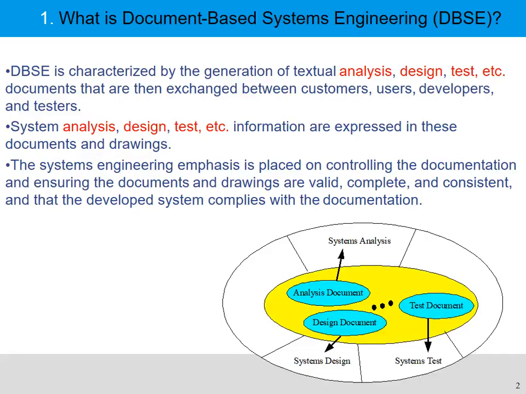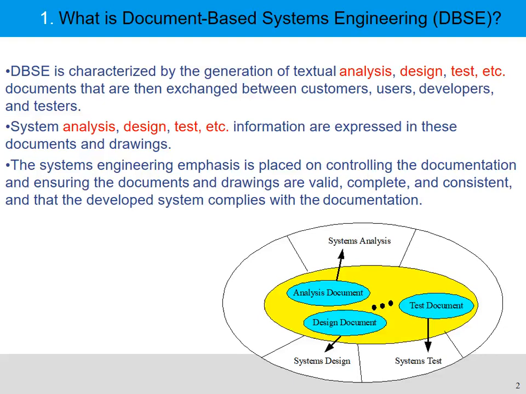Chapter 1. What is document-based system engineering? Document-based system engineering is characterized by the generation of different textual analysis, design, test, etc. documents that will be used for customer, user, developer.